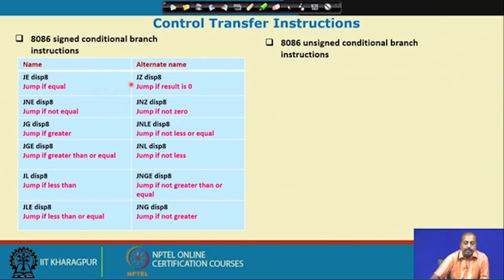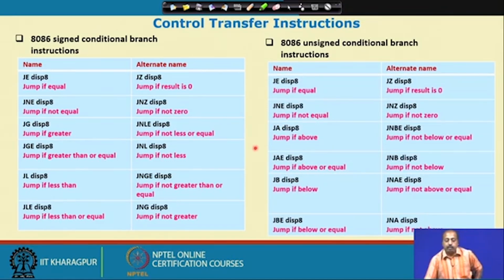JE and JZ are the same, because this is checking for equality, so it will check the zero flag, and JZ will also check the zero flag. Similarly, JNE and JNZ are similar. So there is redundancy in the instruction set, but it can be useful, as one programmer may like one class of mnemonics.